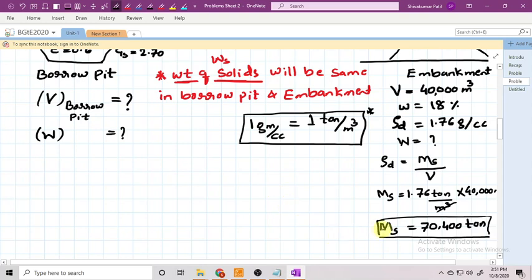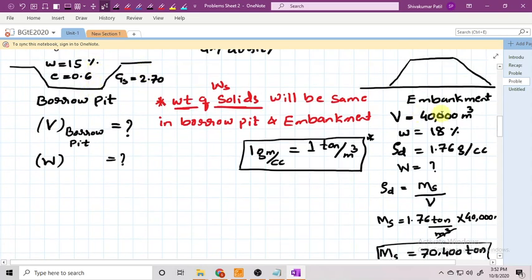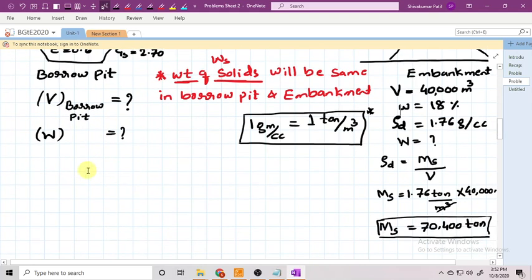I know the mass of solids now. I told you the mass of solids will be the same in the borrow pit and in the embankment. So the mass of solids in the borrow pit is the same, 70,400 tons.